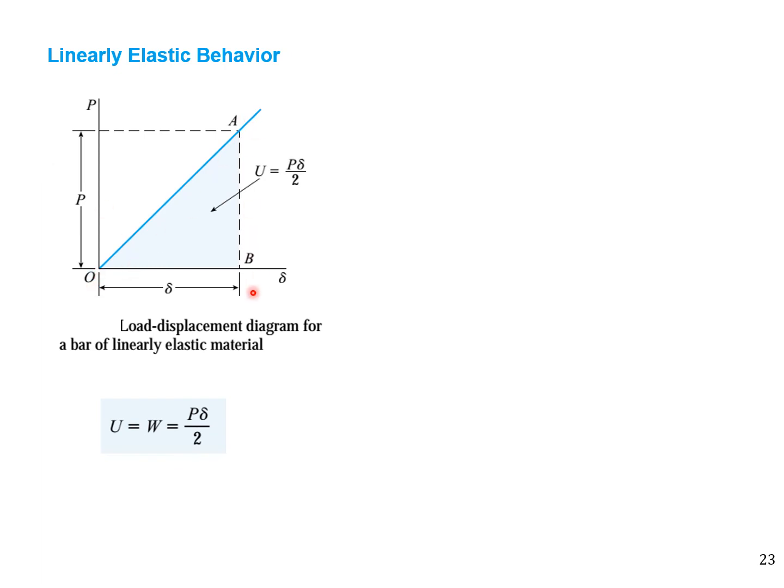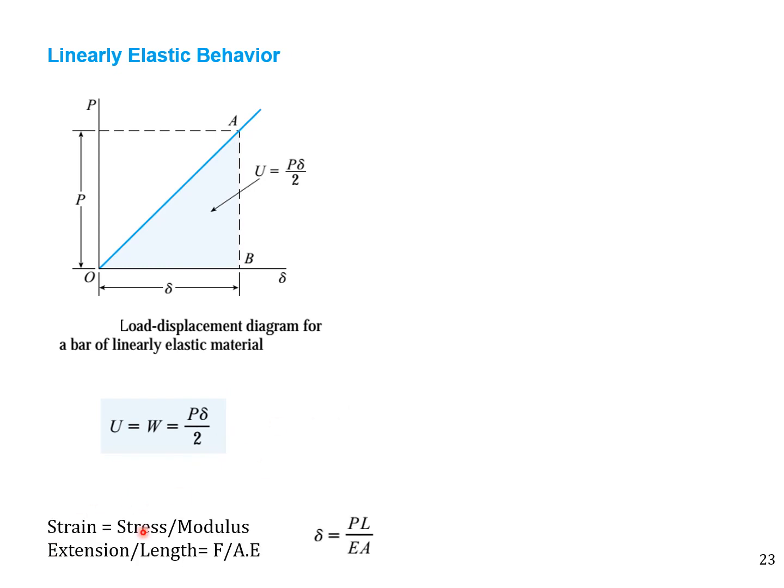So this becomes a right angle triangle, and the area of a right angle triangle can be calculated by multiplying height and base divided by 2. So this work done will be equal to P, meaning load, into displacement or extension, divided by 2.